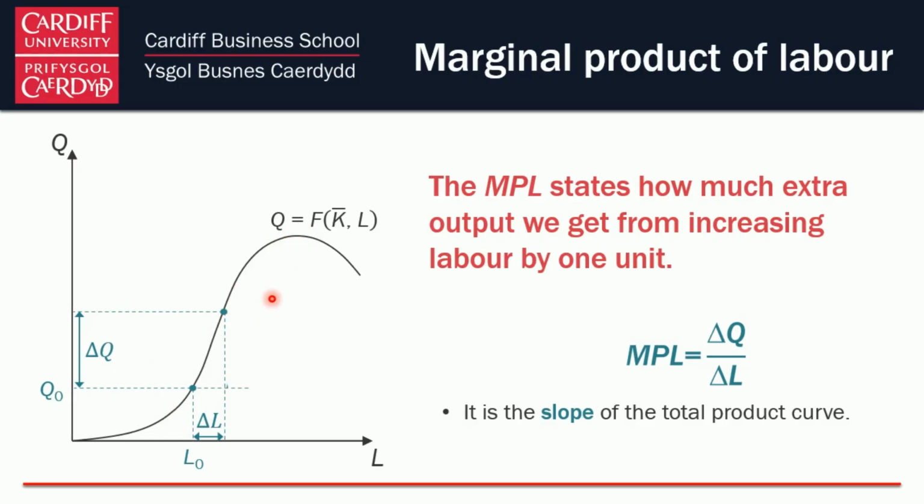And this slope is nothing but, the vertical is delta Q, so that goes to the top, and the horizontal is delta L, that goes to the bottom. The name of that slope is the MPL, the marginal product of labor, which is delta Q over delta L.